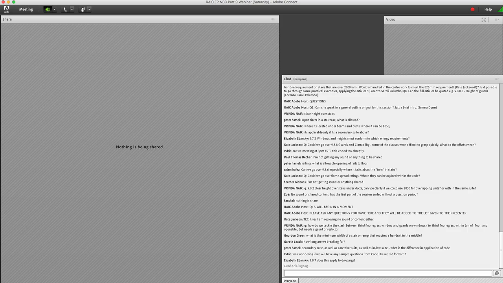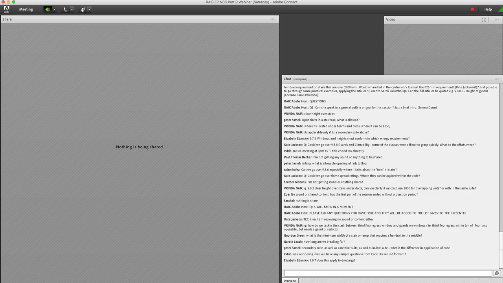There was a request: where is the minimum landing length table located within the NBC? In answer to that, there is no table that consolidates all of these requirements. There was a table included in the presentation materials, but in terms of the requirements within the NBC, these are located in Section 9.8.6.